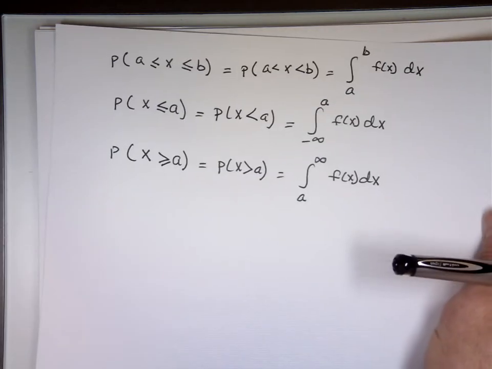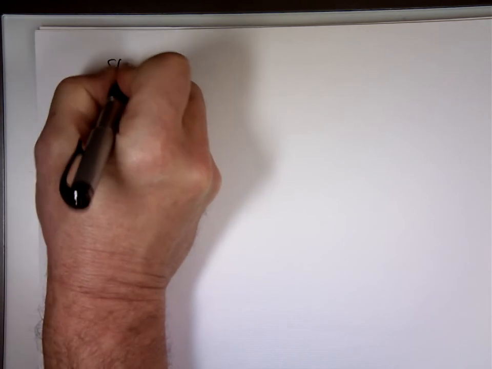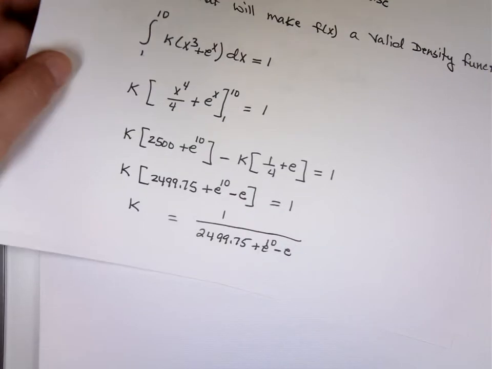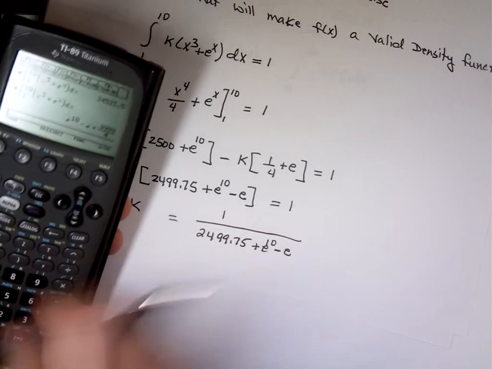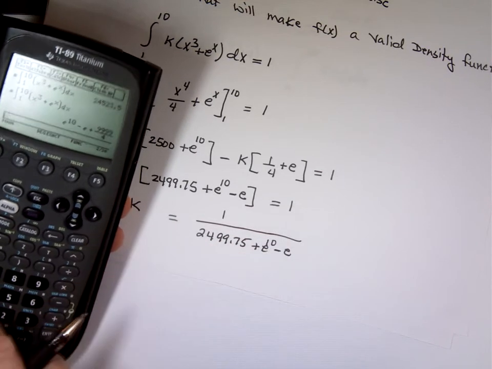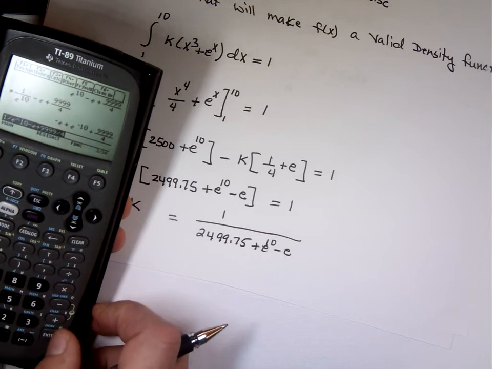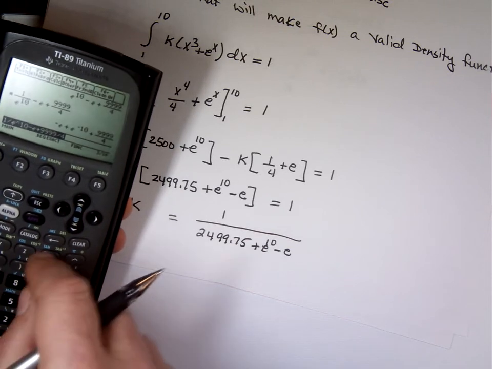Okay, so here's the function. Again, I'm using this function. I've got to get an answer for this number. What is that number equal to? 1 divided by that answer equals. Oh, let me get an approximate mode.